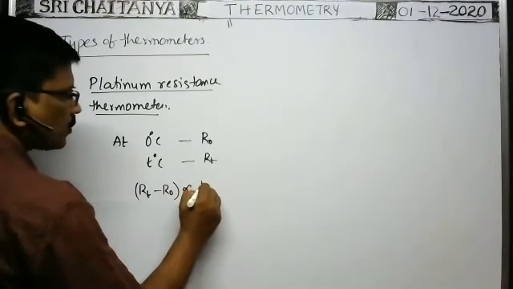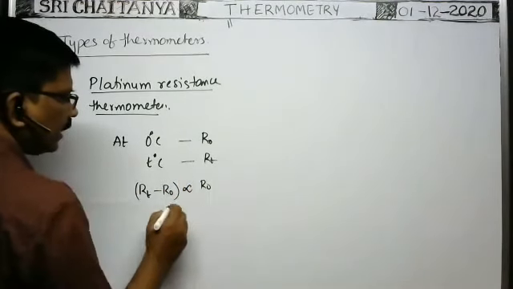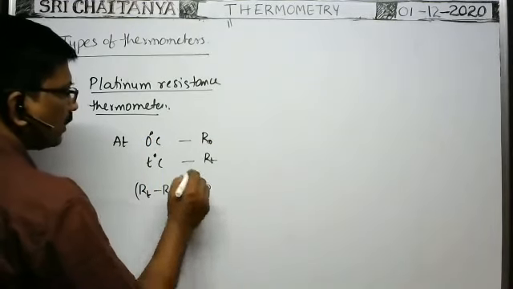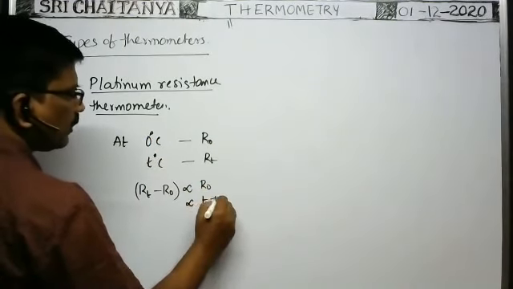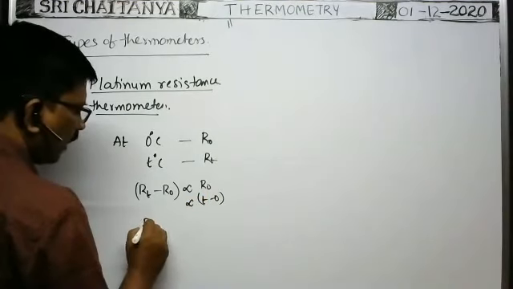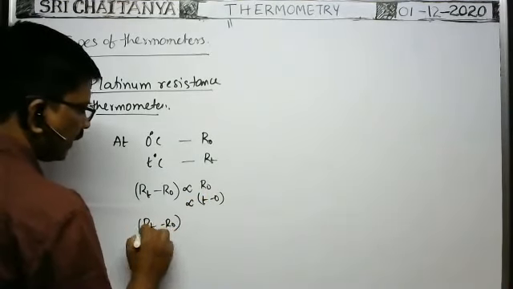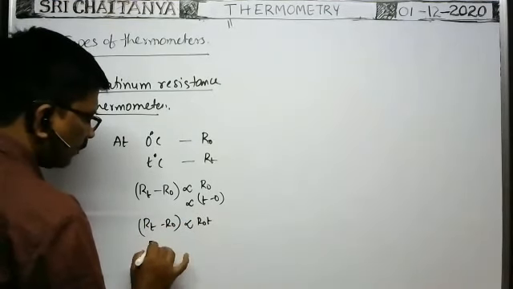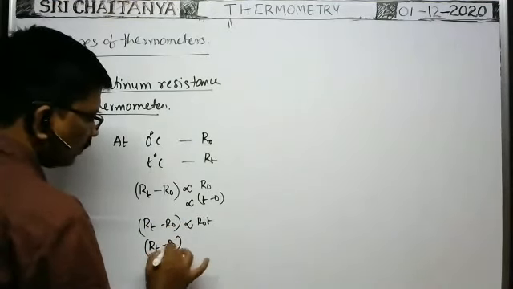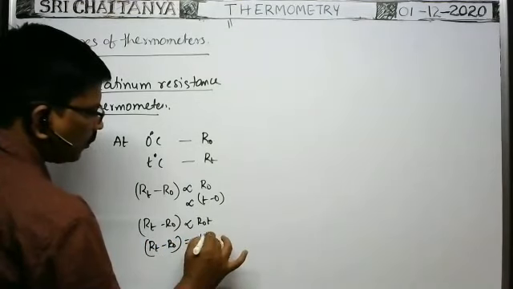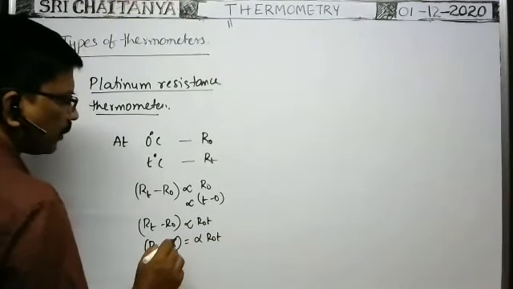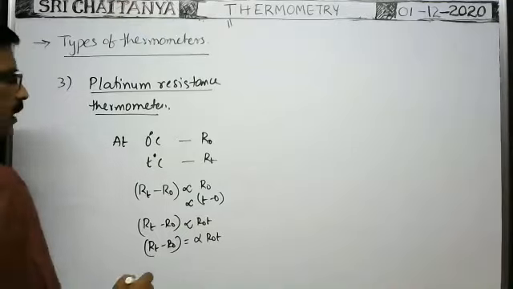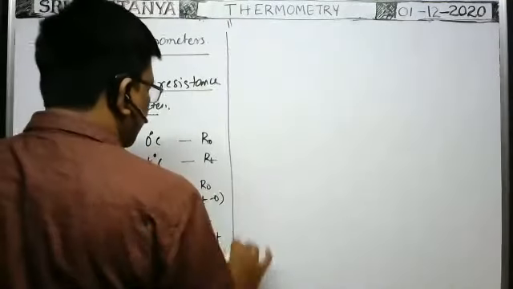That is directly proportional to the resistance at 0 degrees centigrade and also to the rise of temperature, T minus 0, which is T only. Therefore, RT minus R naught is directly proportional to R naught into T. So RT minus R naught is equal to alpha into R naught into T, where the proportionality constant alpha is called the temperature coefficient of resistance.